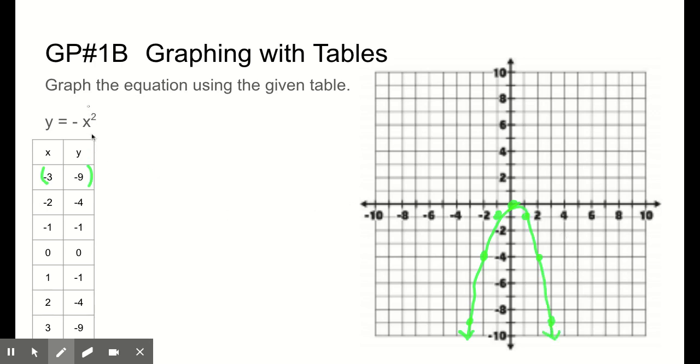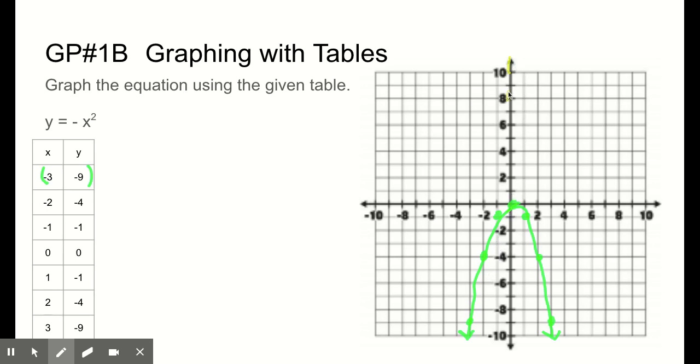So our parabola has the same shape as our parent function, only now it's facing in the downward direction. So it has been reflected across the x-axis.